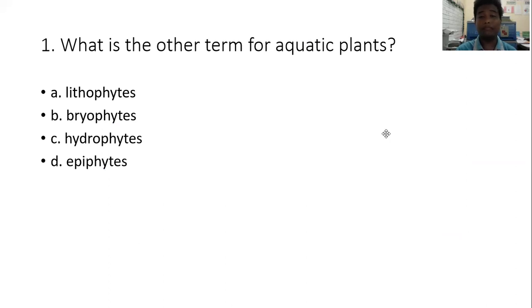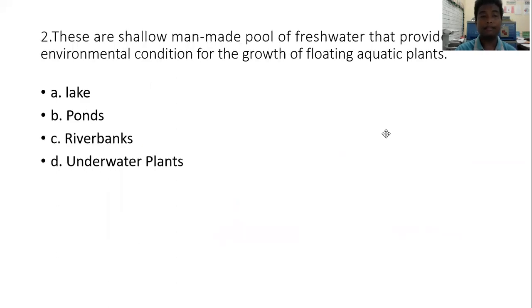What is the other term for aquatic plants? So the other term for aquatic plants is hydrophytes. Next: these are shallow man-made pool of fresh water that provides good environmental condition for the growth of floating aquatic plants. So we have the hint in this question.